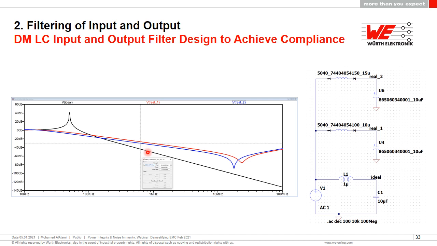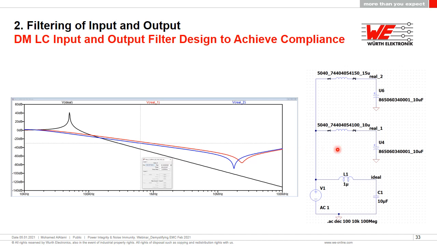Now, if you remember, going back earlier, we've mentioned that we need around 44 dBs worth of attenuation. Now, the ideal filter will give me quite a nice level of insertion losses, around 40 dBs or so. But as we go through the more realistic components, we see that that attenuation drops quite substantially.